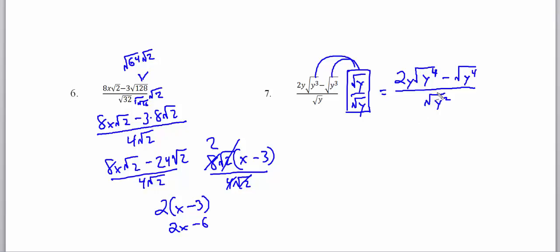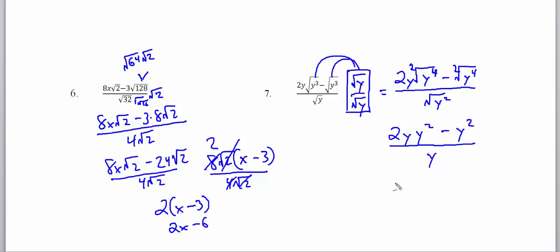Now what I can do is go through and simplify these problems. So I got 2y, and this is going to be the square root of y, and I just wrote the index here if you're wondering why that 2 just showed up. 2 fits into 4 twice, so this is 2y times y squared minus, and here I go, 2 fits into 4 twice, y squared. All over the square root of y squared, which is just y.